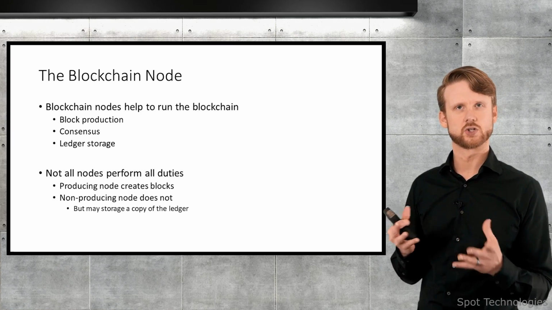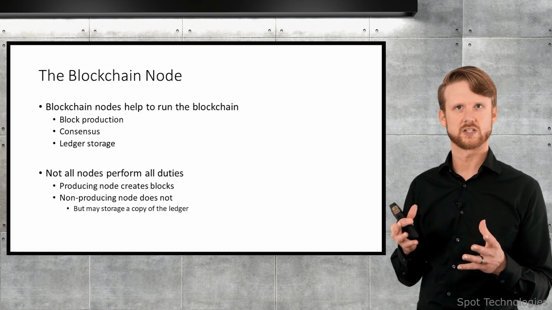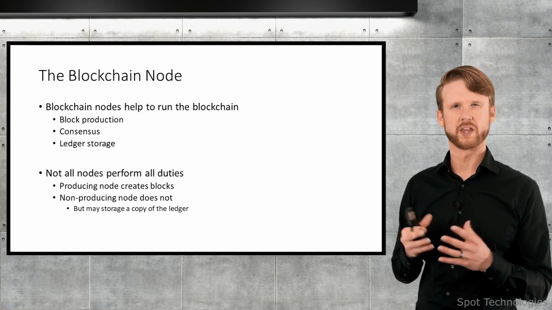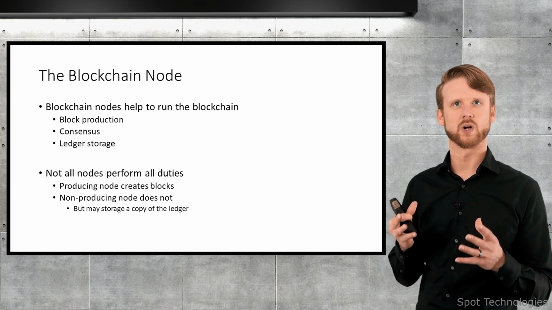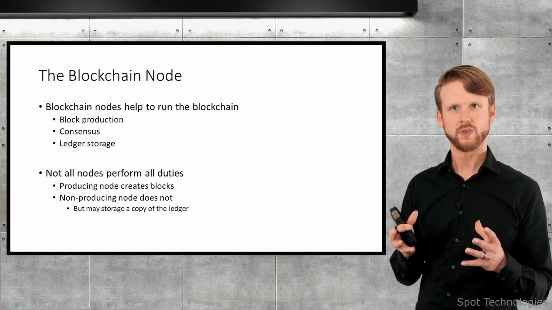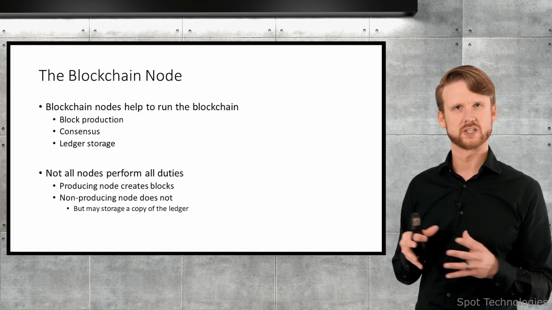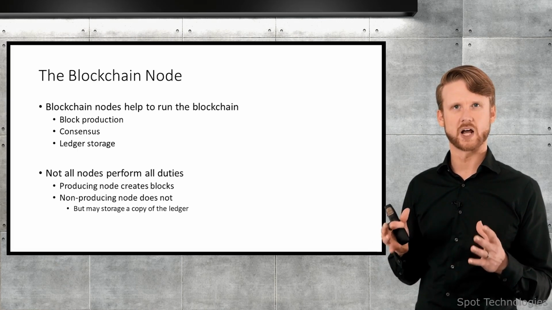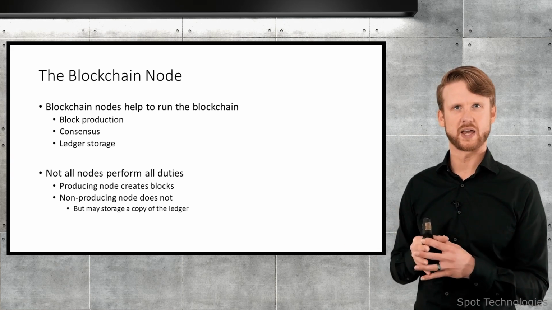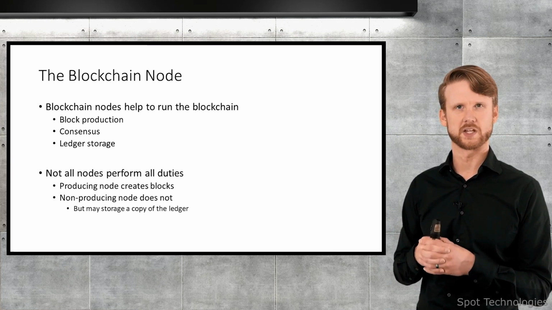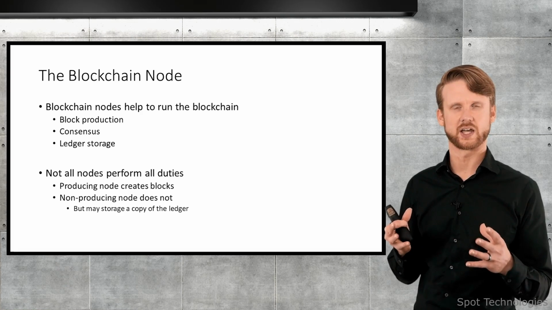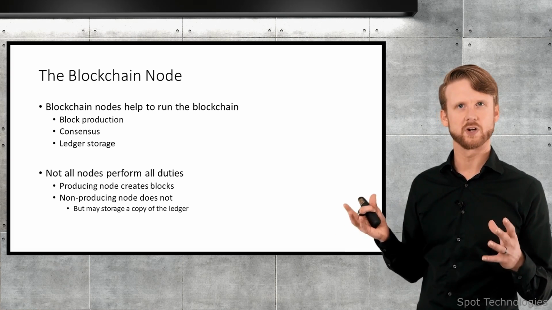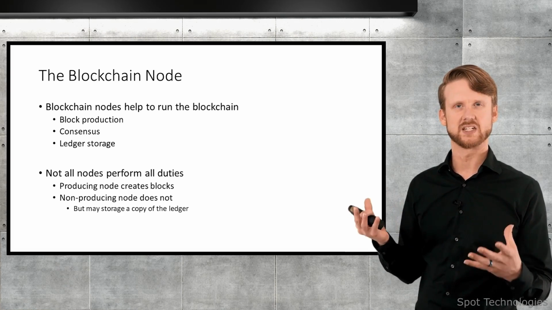However, they might still store a copy of the blockchain's digital ledger or perform other helpful functions that help the network to work. And so a blockchain node is essentially just a computer running software that helps make the blockchain possible because we don't have some centralized authority responsible for doing all the work of maintaining our accounts ledger. And so we need a network of nodes to actually maintain the blockchain.